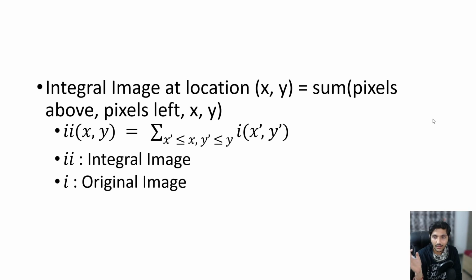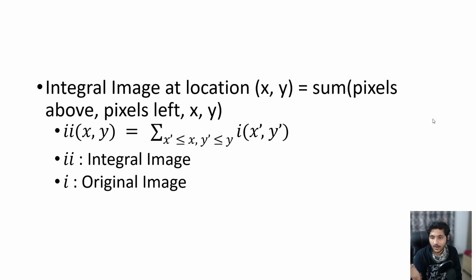Sum of pixels above, left, and at x comma y. What does it mean? If you have a location x comma y, let's say 10 comma 10, it is going to be the sum of all the pixels above 10 comma 10, right, and to the left, right? So it's going to cover all that area above and to the left, and including itself, right? So it's inclusive. So that's also an important point.